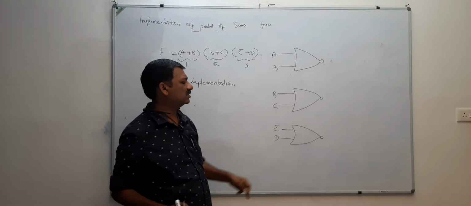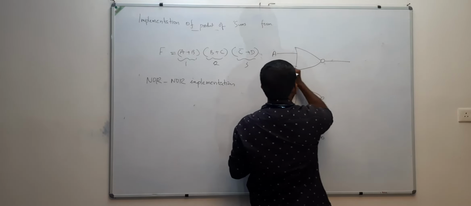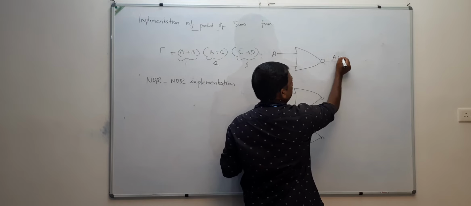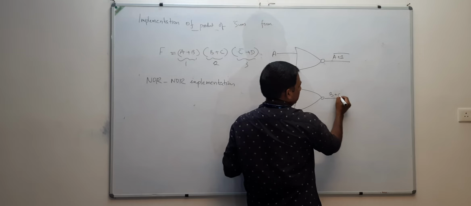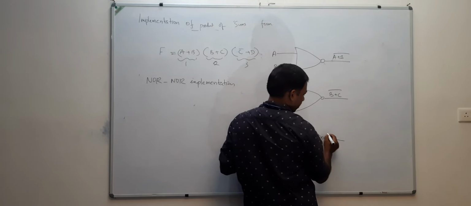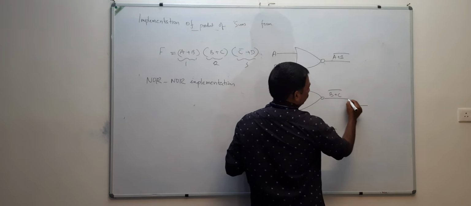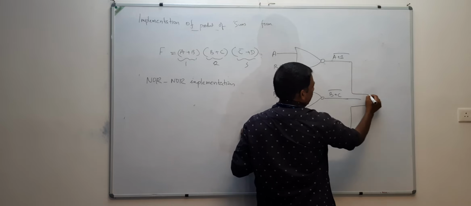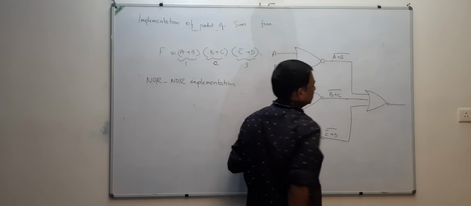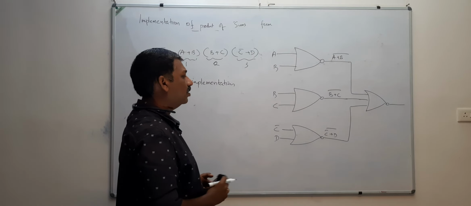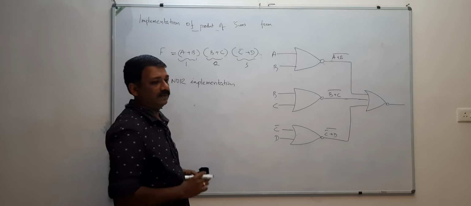Here you have (A plus B) the whole bar, here (B plus C) the whole bar, and here (C bar plus D) the whole bar. Now you are going to feed these 3 into another NOR gate, and that sum will be (A plus B) into (B plus C) into (C bar plus D).